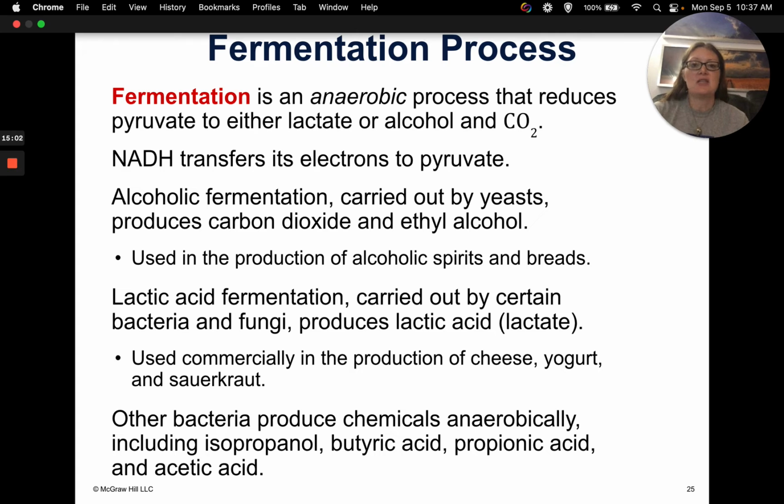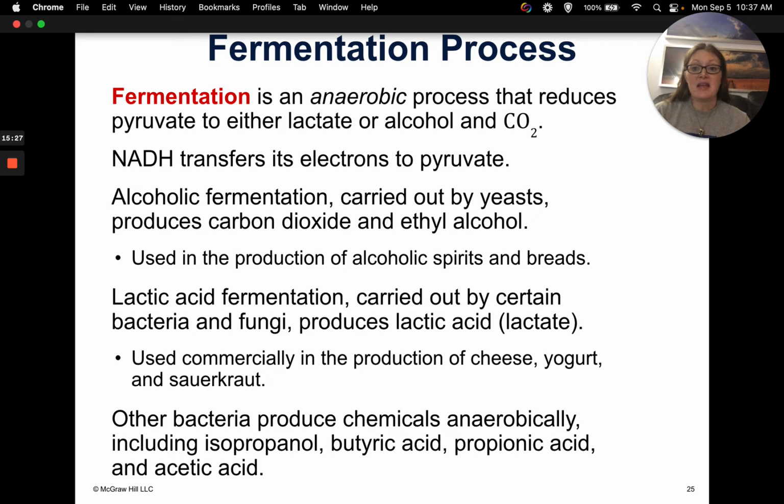So fermentation is an anaerobic process. We do not need oxygen for it to take place. That's what anaerobic means. And carbon dioxide or lactic acid or alcohol, those can all be produced as a waste product. So again, this is not necessarily a good thing over long term, for us anyways, because it causes a toxic buildup of acids within our body.